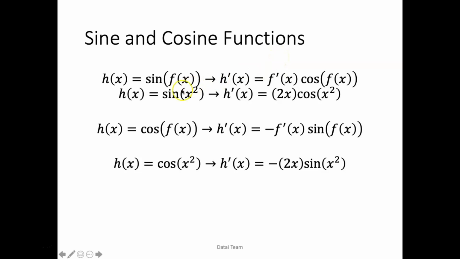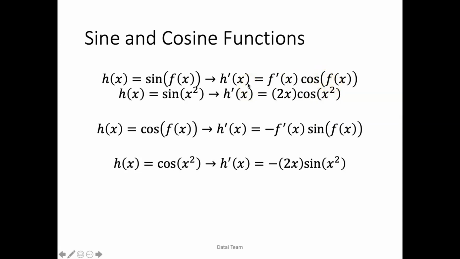For example, if we have sine x squared, our f of x is x squared, then our h prime of x will be 2x times cosine x squared. This part stays the same, the sine becomes cosine, what's inside the brackets is the same, the angle is still x squared, but the overall result is multiplied by this value here, or not the value but its derivative.